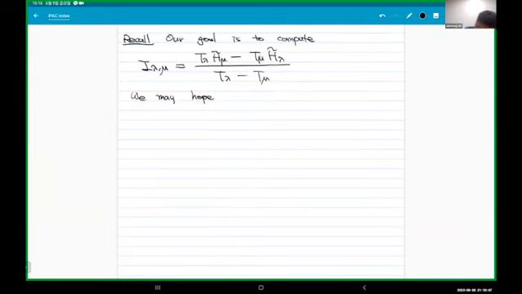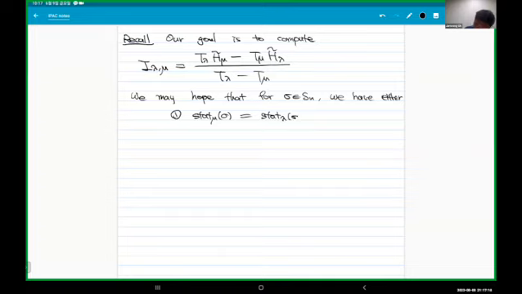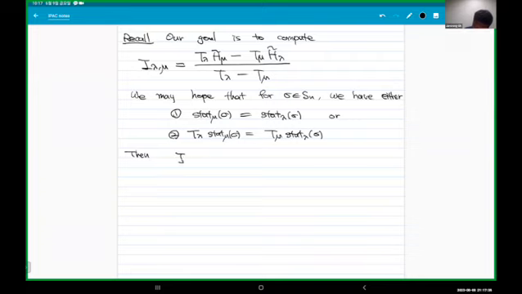What I mean by that is that for each sigma in the permutations, it satisfies either stat mu of sigma and stat lambda of sigma are the same, or if we multiply t lambda to the stat mu and t mu to the stat lambda, then they are equal.